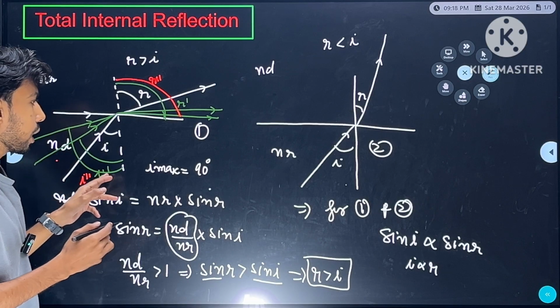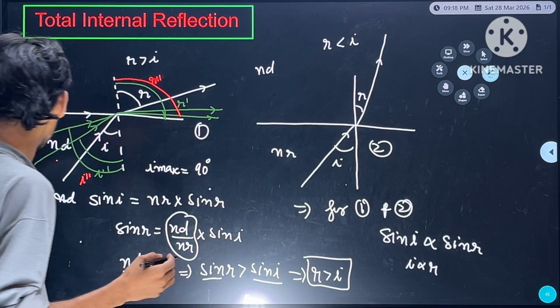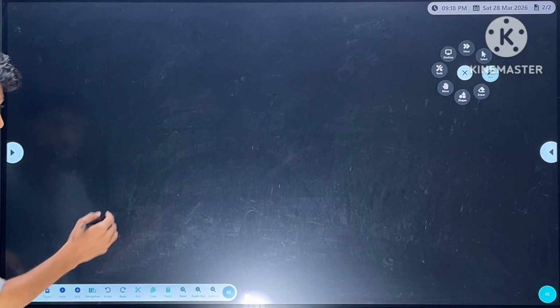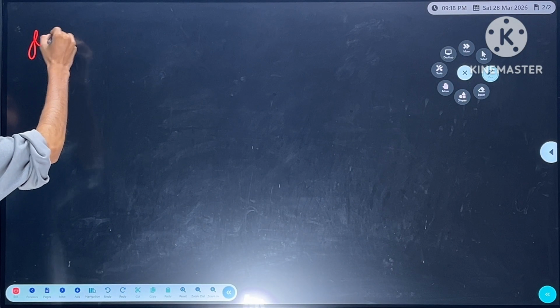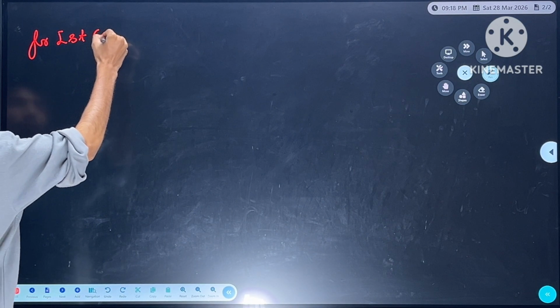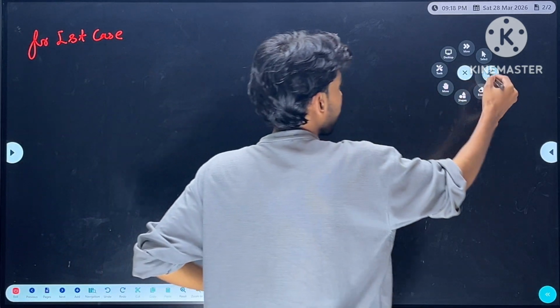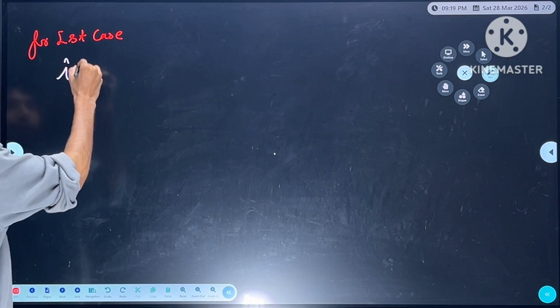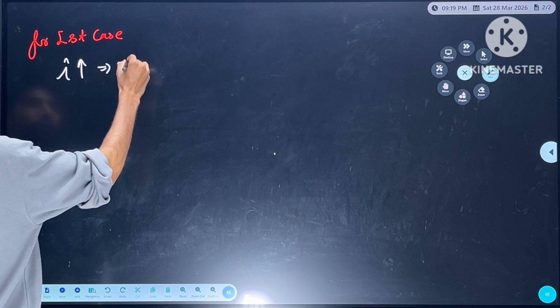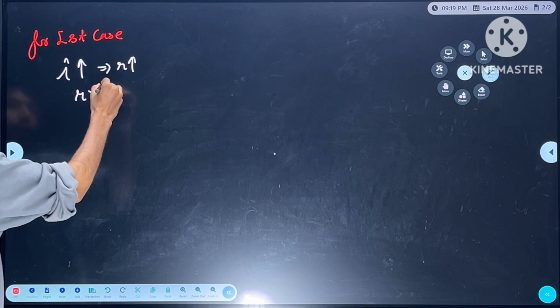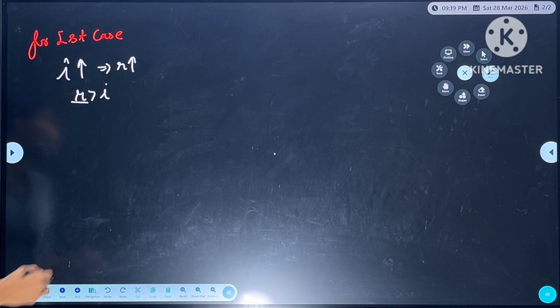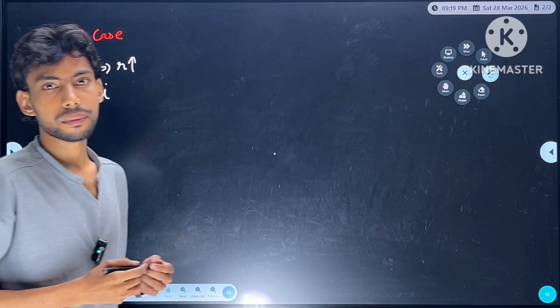But in case first, if I discuss the first case, this I increases, that means R will also increase, but this R is always greater than I. What does that mean? That if I am increasing I, which one will become 90 degree first, R or I?